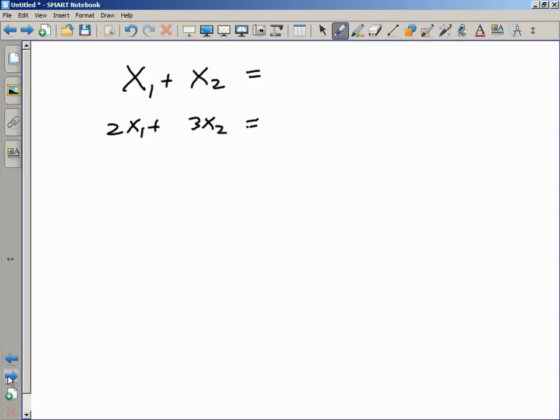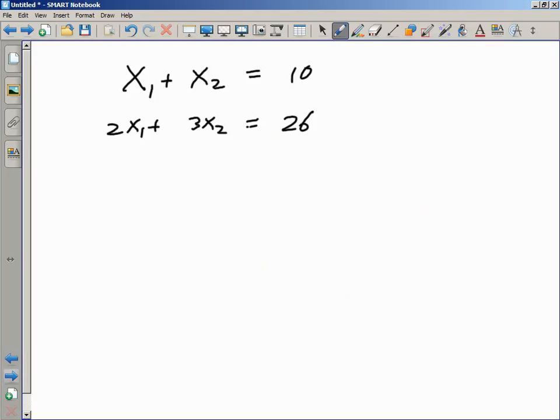Let's make this guy 26. All right. So what is this? This is two simultaneous equations, right? Now how do we go about solving this? Anyone know? Do it a couple ways.